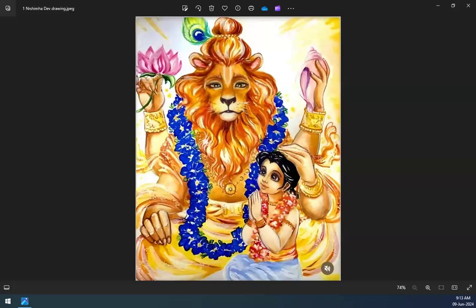So the demons are describing the twilight time as a beautiful girl. There's no beautiful girl. They are just imagining, and they take the twilight time as a beautiful girl, and they are describing so many points about this.